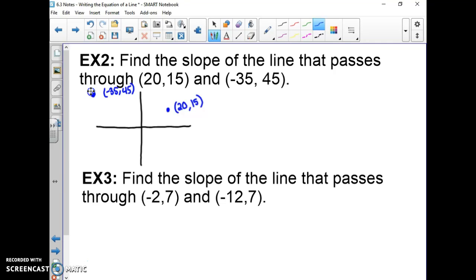Okay, so in order to find the slope of this line, we would need to be looking at our change in y over our change in x. So we've got to look at how far we have to go down. We're looking at our y coordinates because those tell us where we're at on the y-axis. We're going from 45 down to 15, which is down 30.